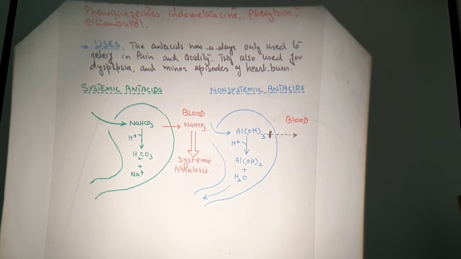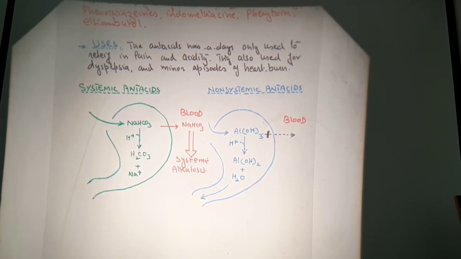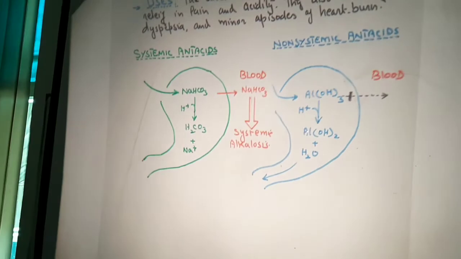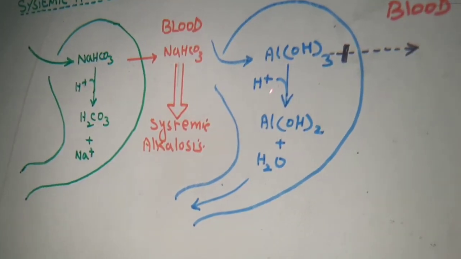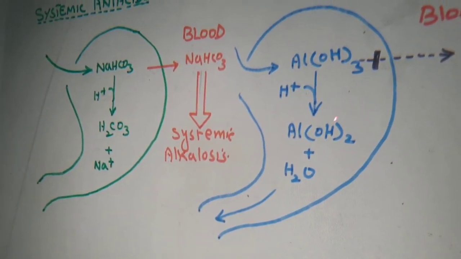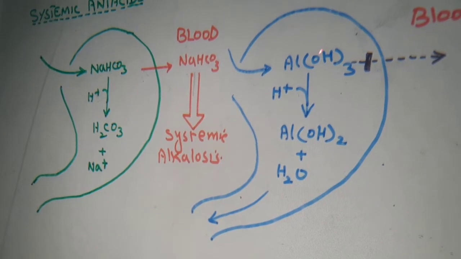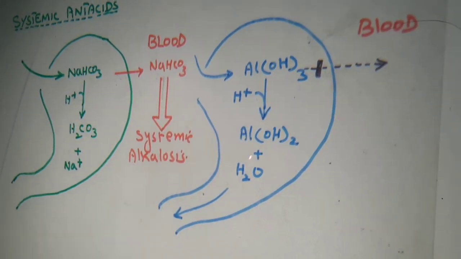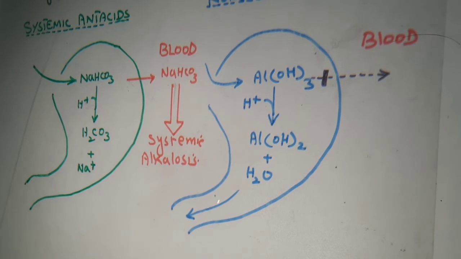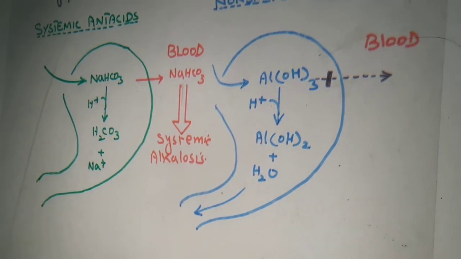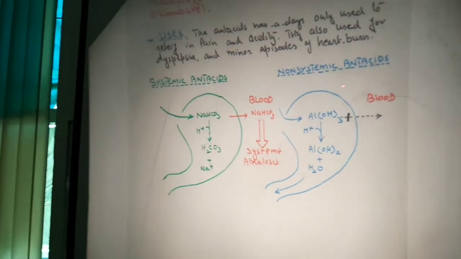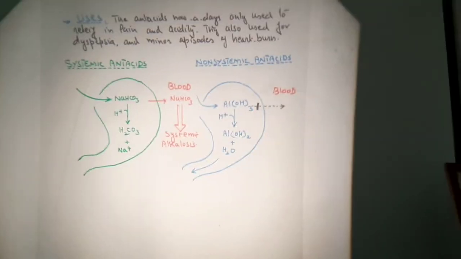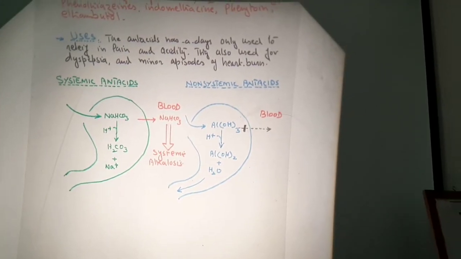Aluminium hydroxide will enter into the blood only if it requires hydrogen ion, and it is then converted into aluminium hydroxide as such. Instead of 3 hydroxyl groups, there are 2 hydroxyl groups, and there is formation of water, and that water is entering into the tissues. Now this is about the uses of the systemic and non-systemic antacids.